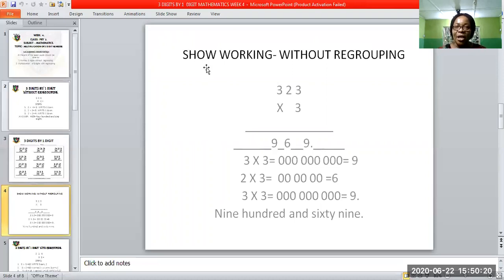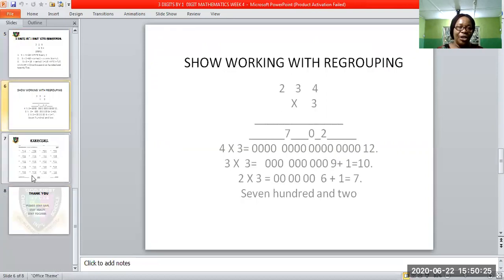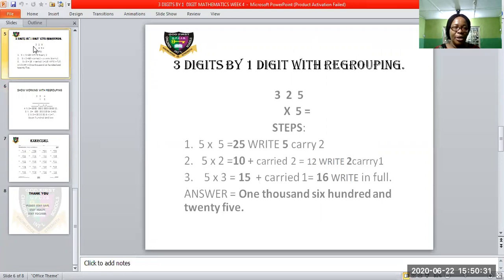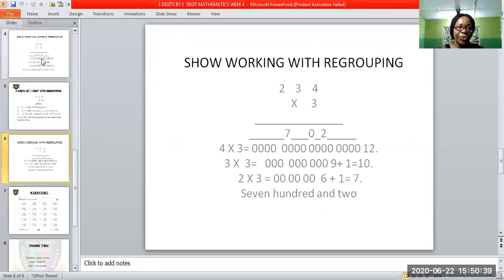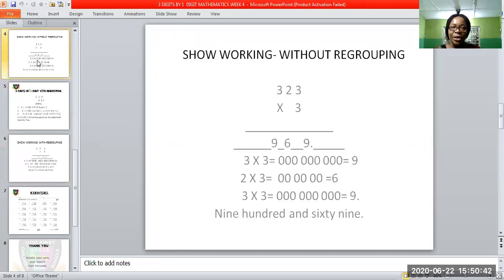Therefore, we say 323 times 3, well arranged. 323 times 3 will give us 3 times 3, 3 times 2, and 3 times 3.